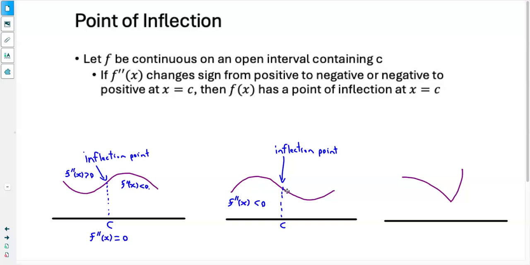On this side of it, our graph has a slope that starts becoming positive. So f double prime of x is greater than 0. And this one also has f double prime of x at c equals 0. I should actually replace these with c's.